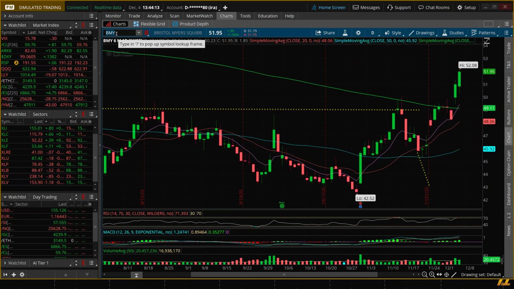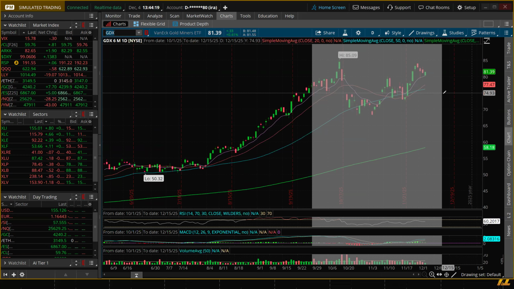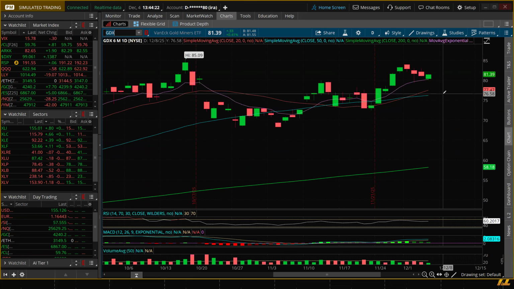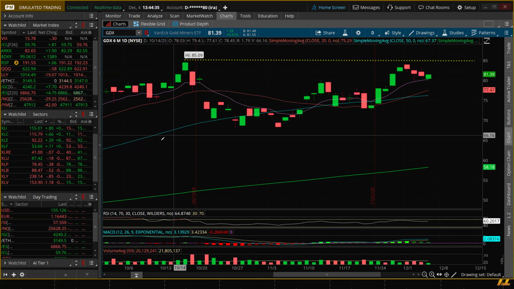Let's take a look at another one. Let's look at GDX. This is more of a top level. Now, in Power Hour today, me and RQ were talking a little bit, and I said I had some interest in GDX right now. Now, would GDX technically be considered some degree of neutrality?